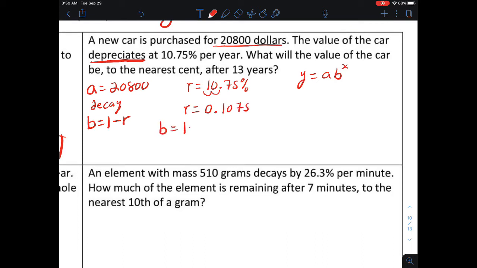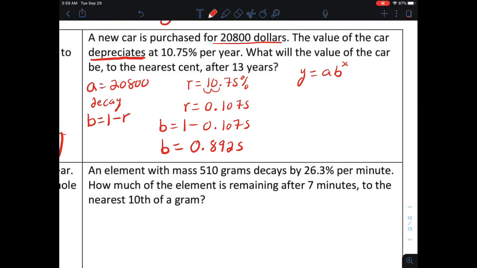So B is equal to 1 minus 0.1075. And that's going to tell us what B is. And we get B is equal to 0.8925. And so we write our exponential equation, which would be y equals 20,800 times 0.8925 to the x power.